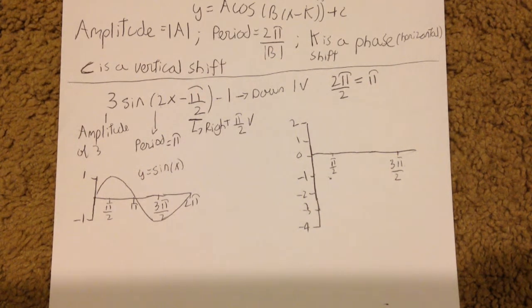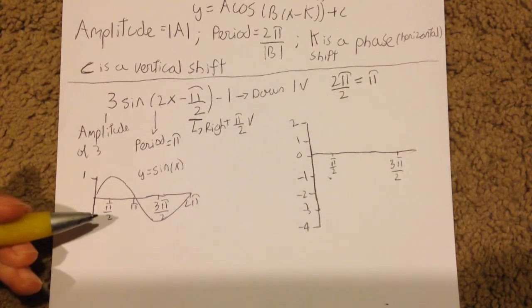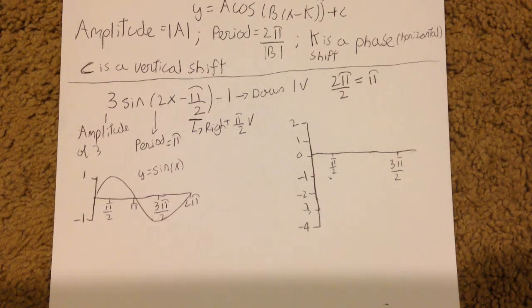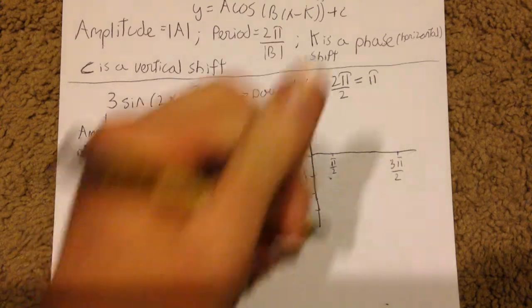Half of pi over 2 becomes pi over 4, then pi over 4 plus pi over 2 is 3 pi over 4.